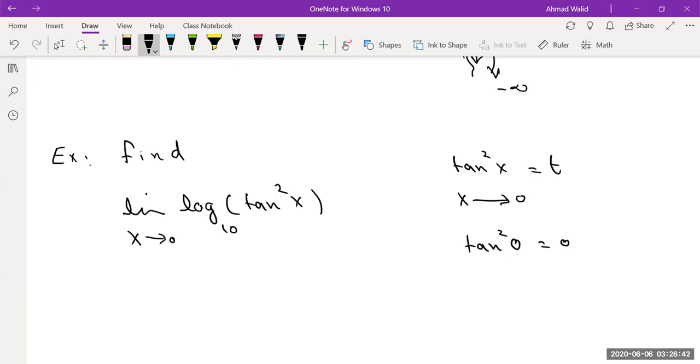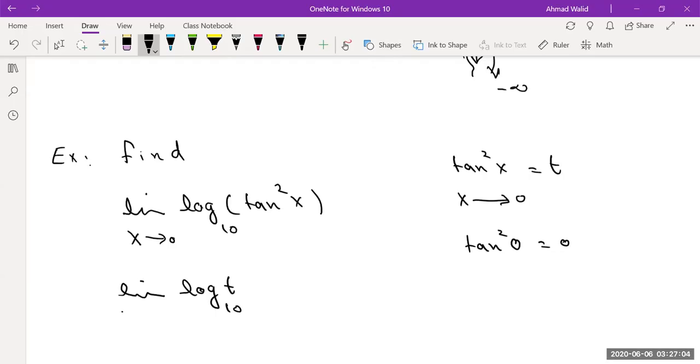Now, if I substitute t instead of tan square x, I will change the limit. You see the limit of log of t base 10 as x approaching 0, tan square of 0 is 0.